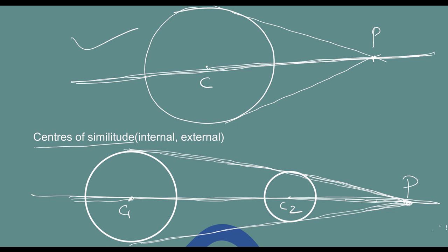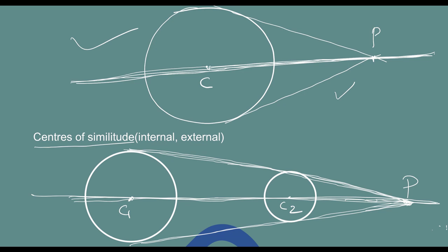It's obvious because you can see that if you forget the small circle here, look at the remaining part of the diagram, then you can see that the remaining diagram is like this only, which we know is symmetric about the line of centers.